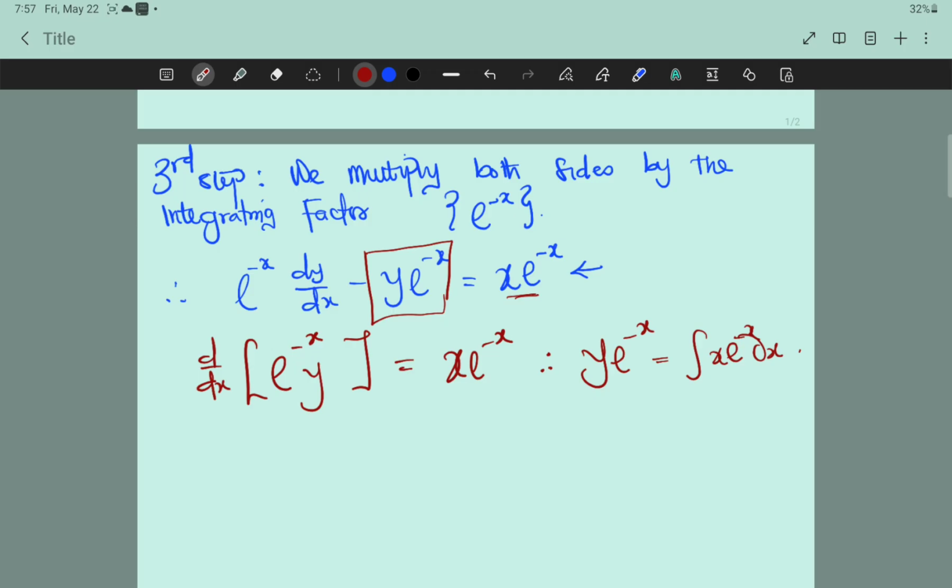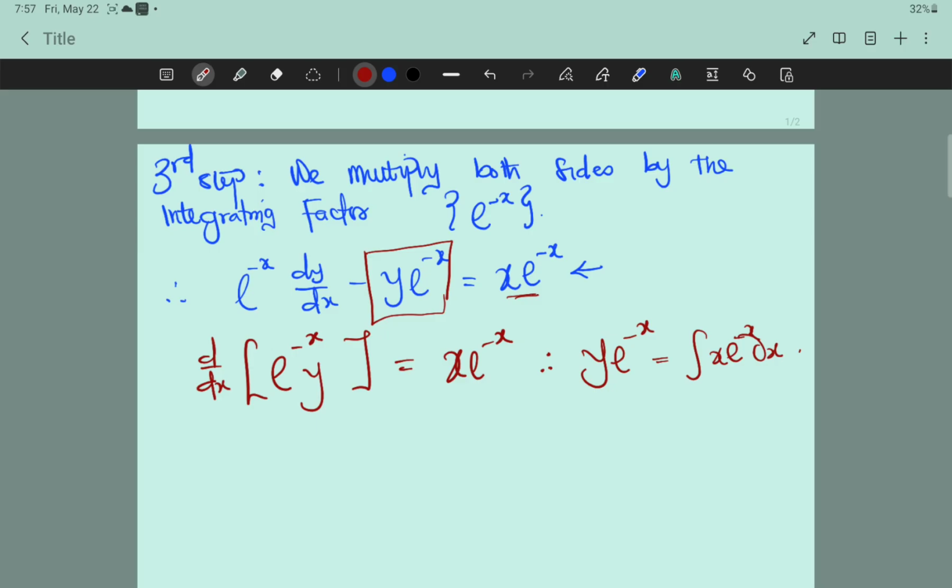So if you differentiate with respect to x here, that's what you're going to have. We have y e to the power of minus x, with respect to x, a 1 coming down. So there is no need for us to panic. If d over dx of this is equal to this, then y e to the power of minus x is equal to the integral of x e to the power of minus x dx.